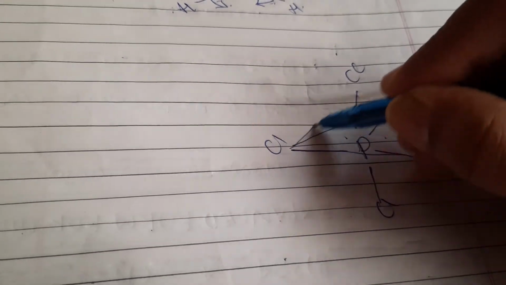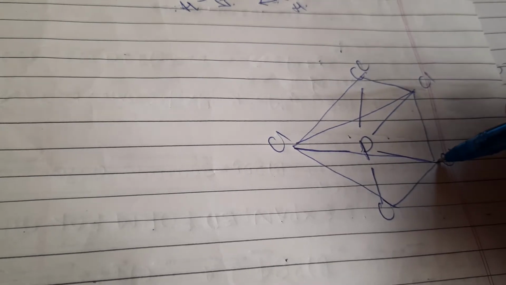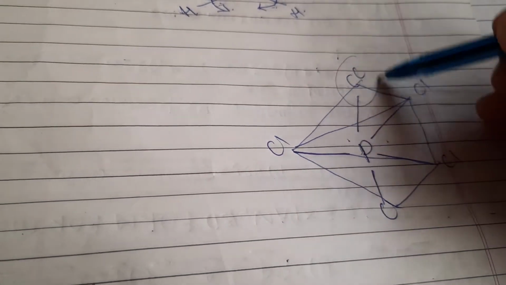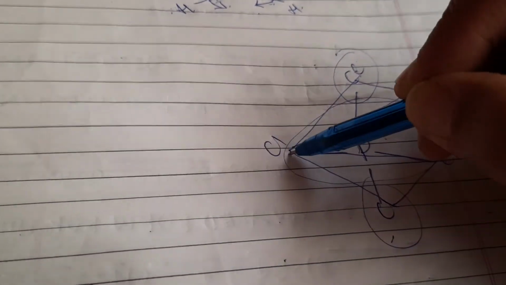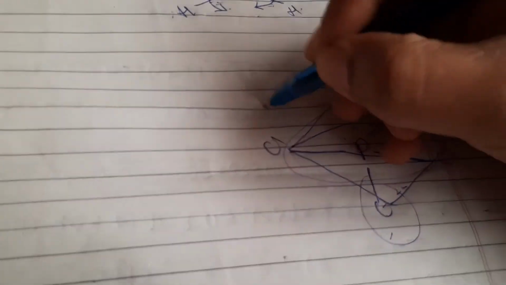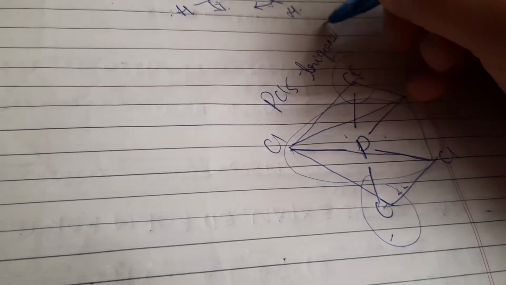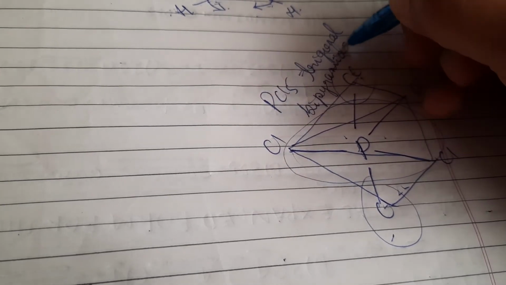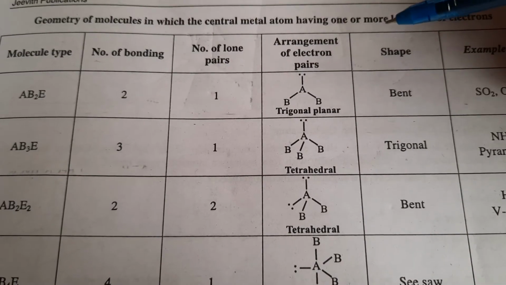Now the shape of the whole molecule is said to be trigonal bipyramidal. This is bi, 2 atoms are above and below. This is trigonal in the middle. Trigonal bipyramidal is the shape for the PCl5 molecule. Can you see this one?